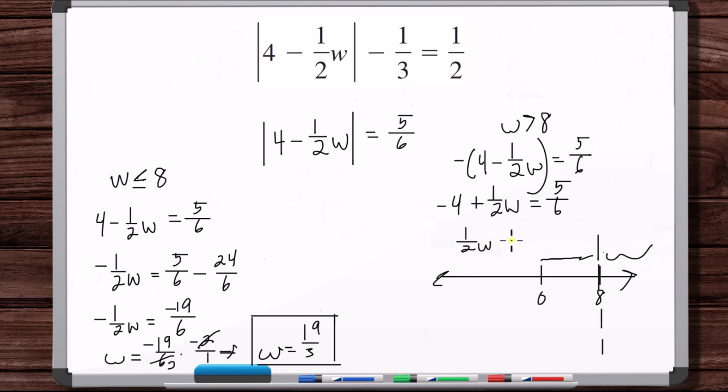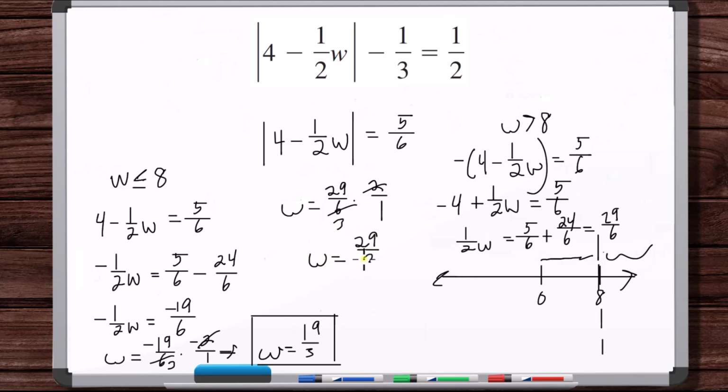So 1/2 w is equal to 5/6 plus 24 over 6, which is 29 over 6. So w is equal to 29 over 6 times 2 over 1. w is equal to 29/3. Is that greater than 8? Yeah, 9 times 3 is 27. So, okay, that's the two solutions.